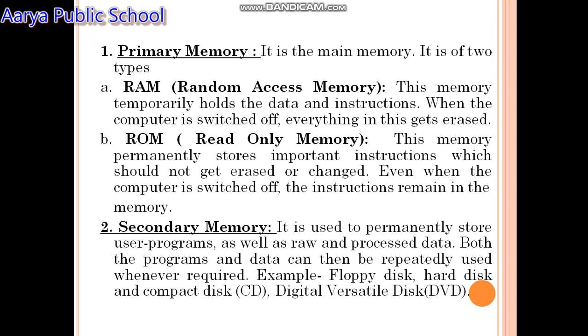After we finish our work, we store data in secondary memory, for example hard disk, floppy disk, CD or DVD. RAM and ROM do not store permanent data, but temporary data. For example, they load some application, which runs temporarily. After that, we can save it in secondary memory.